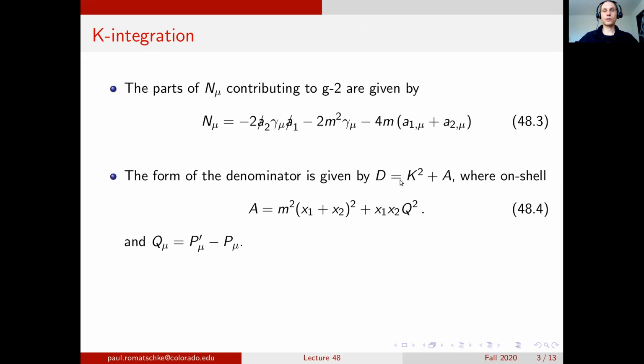The form of the denominator was given as k squared plus A, where A was the expression that we simplified for on-shell situations in the last lecture.